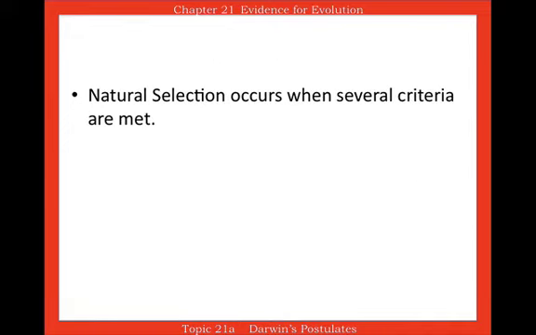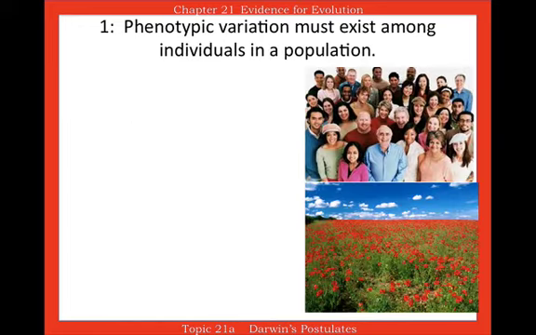Natural selection occurs when several criteria are met, and these criteria are known as Darwin's postulates. The first is that phenotypic variation must exist among individuals in a population. We've been calling this genetic variation. What this means is that no two individuals are truly alike, unless they're clones.